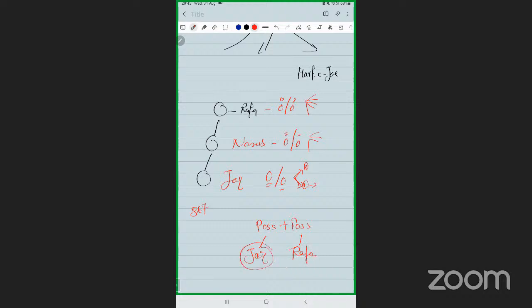This is the first reason. Right or wrong? In the combination of mudaf and mudaf ilayhi, mudaf ilayhi will always be in jar position, and the mudaf, the added, will always be in the rafa state. This is the first condition.